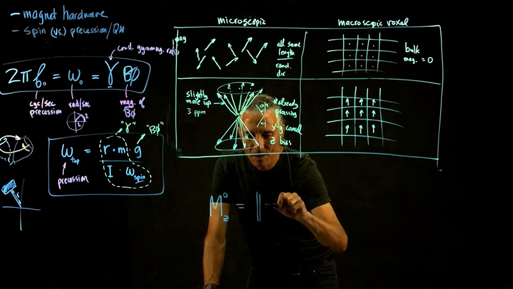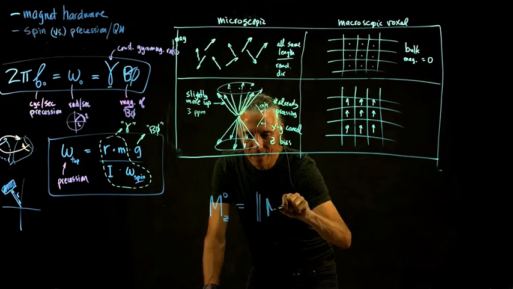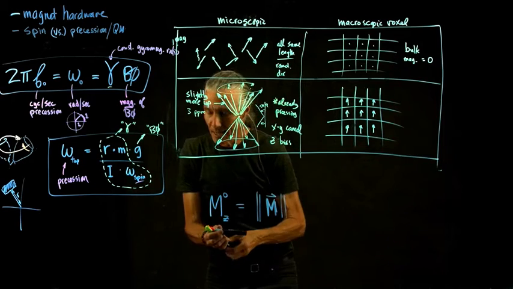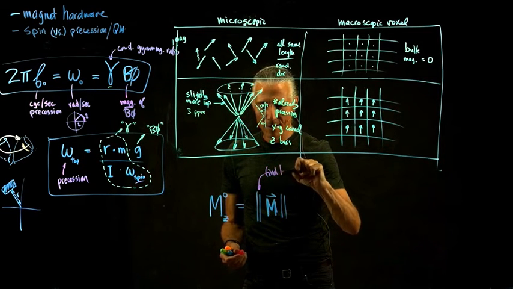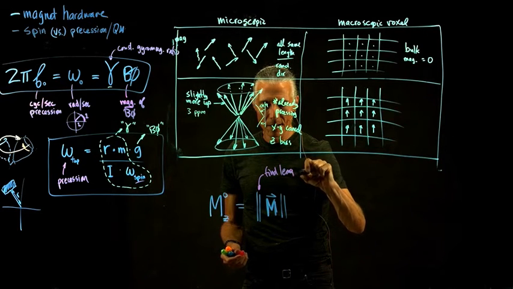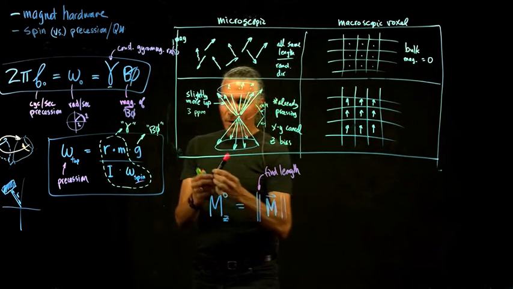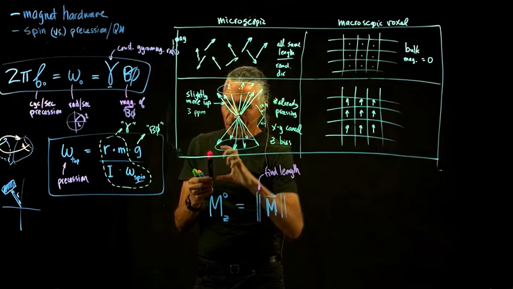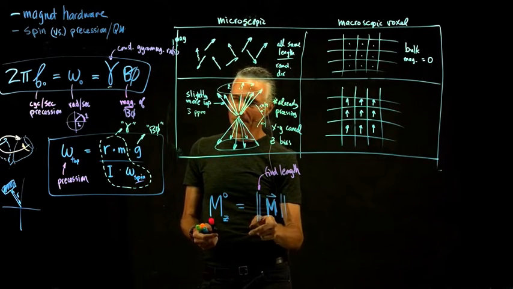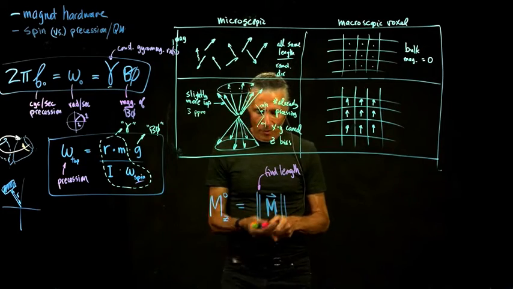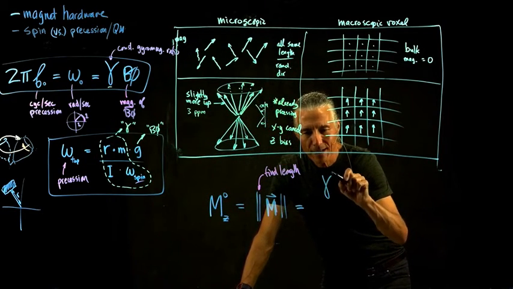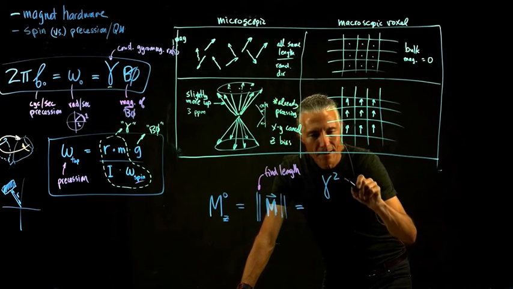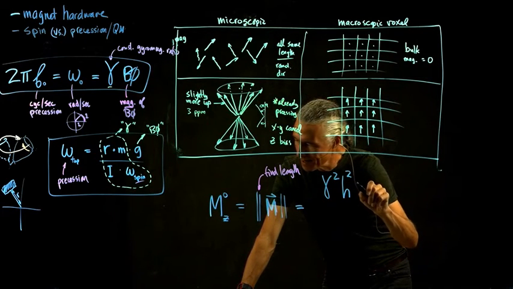That equals, let's take whatever the magnetization vector is, and this symbol just means find the length. So it's just the amplitude. The vector is a three-dimensional vector pointing in some direction, and if we just measure the length of that, that's what this symbol means. What the length of that vector equals is the gyromagnetic ratio squared times Planck's constant squared.